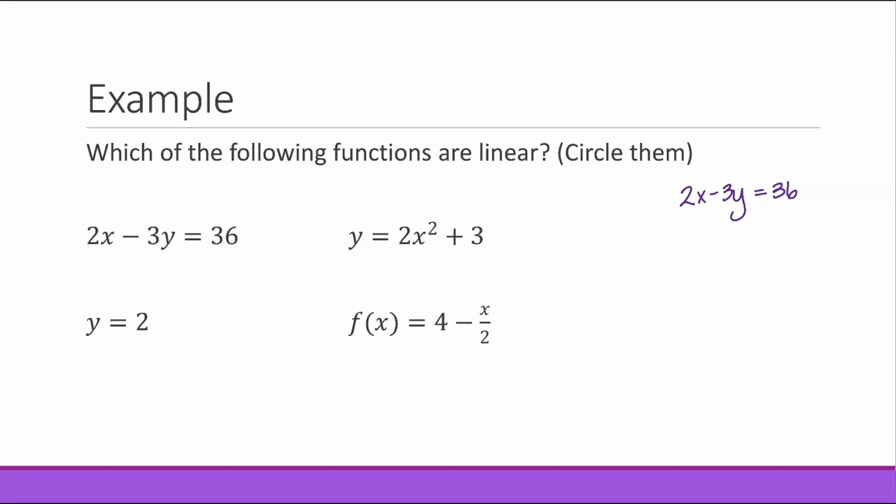So I'm going to subtract the 2x to the other side. So I have negative 3y equals 36 minus 2x. And then I'm going to divide both sides by negative 3. So the negative 3's are going to cancel and give me a 1. y is equal to negative 12 plus 2/3 times x.